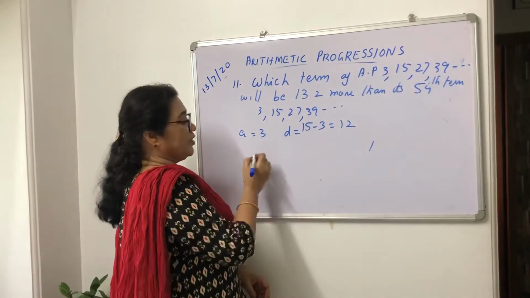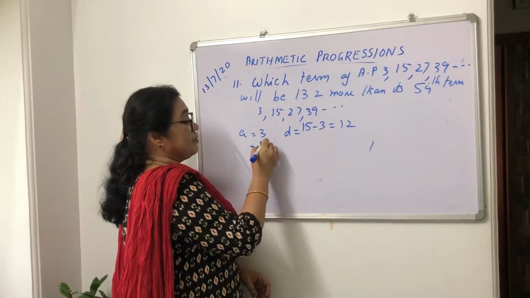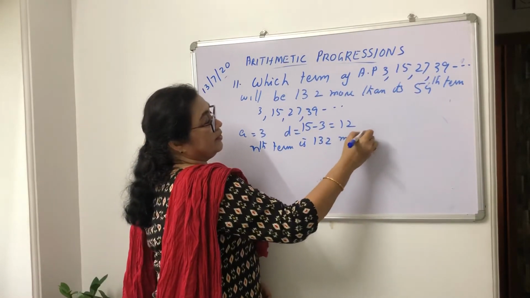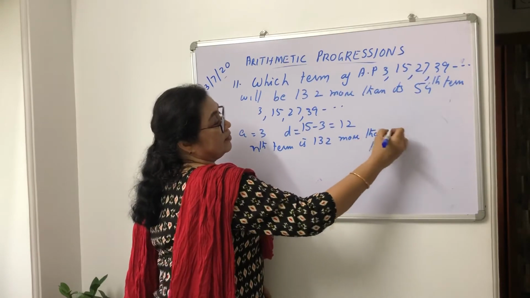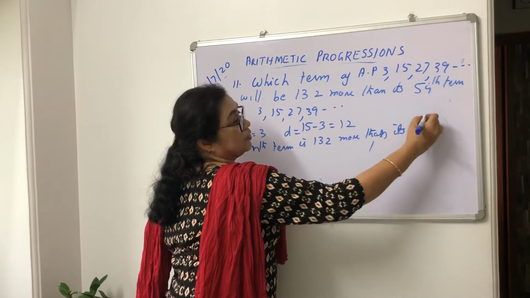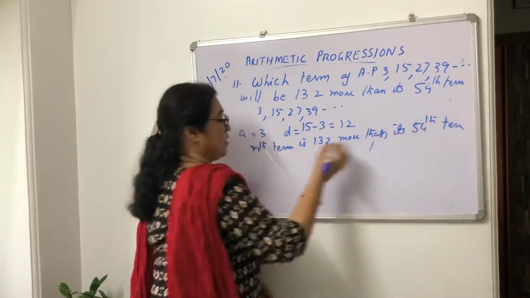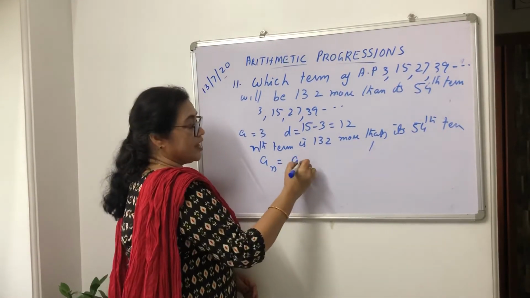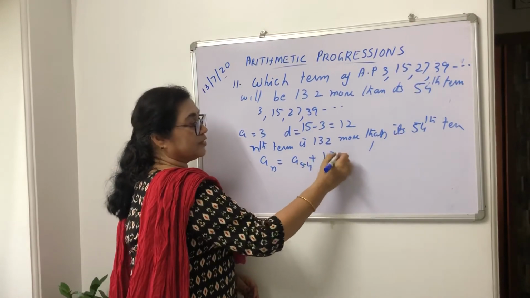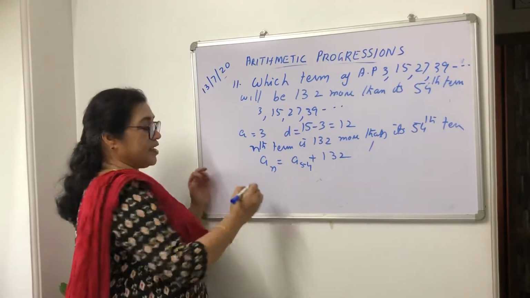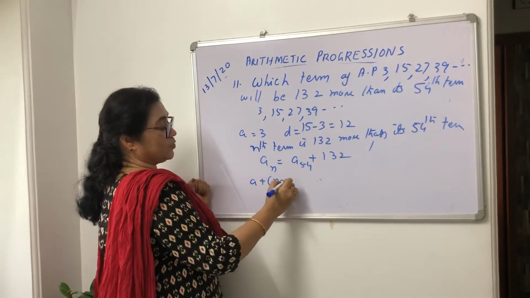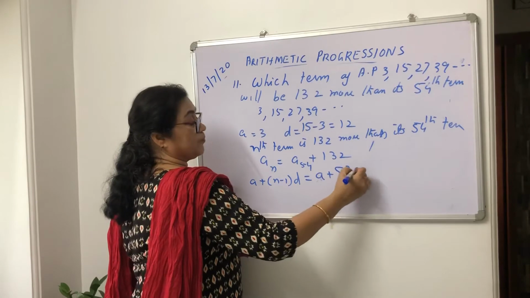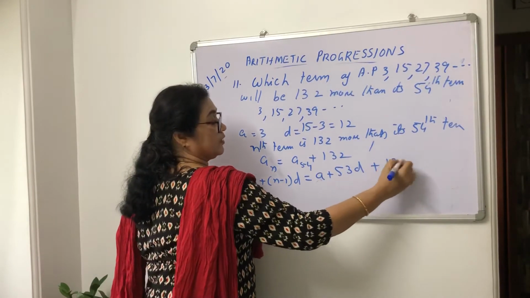So I am going to write down: the nth term is 132 more than its 54th term. The nth term a_n is equal to a_54 plus 132. a_n is a plus (n minus 1) d, and a_54 is a plus 53d plus 132.